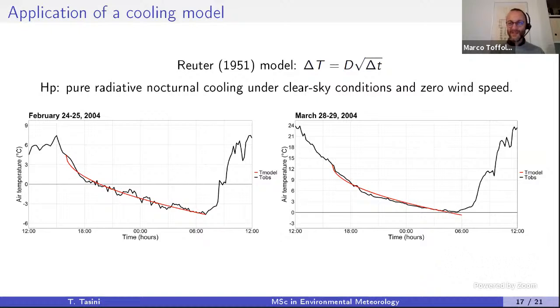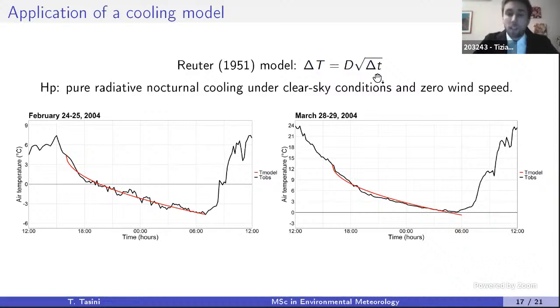So yes, in these cases, the D coefficient comes from the interpolation of these two data. So it comes from the observation of delta temperature during the cooling in the two frost events, and the difference in time.